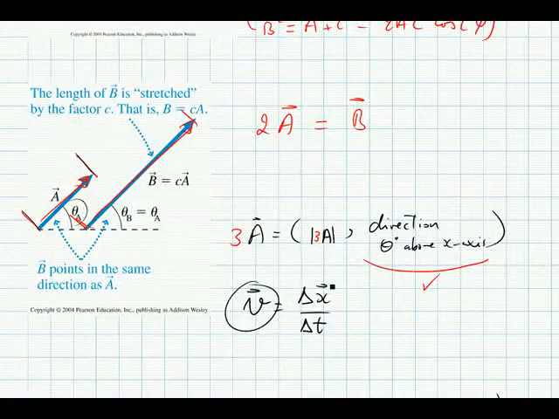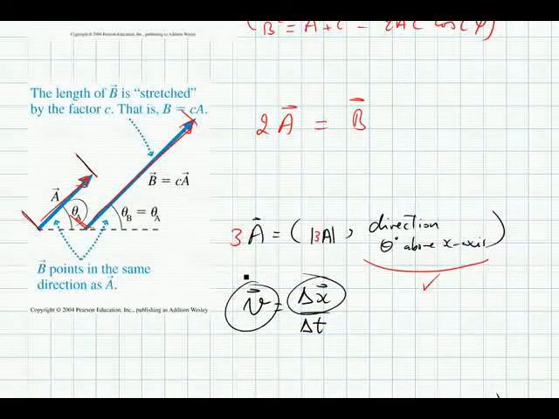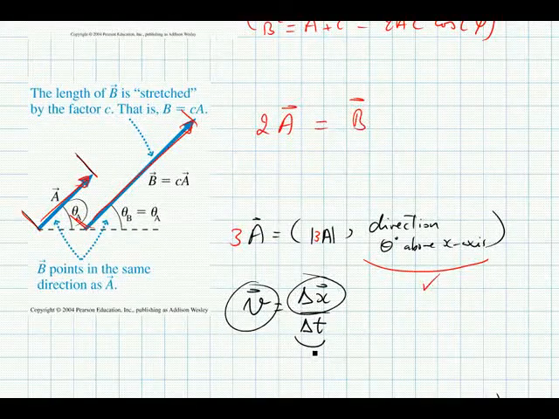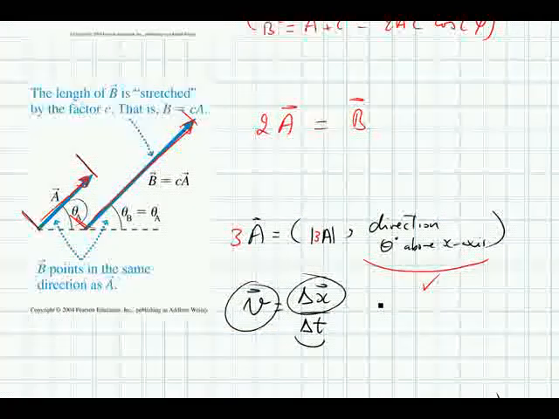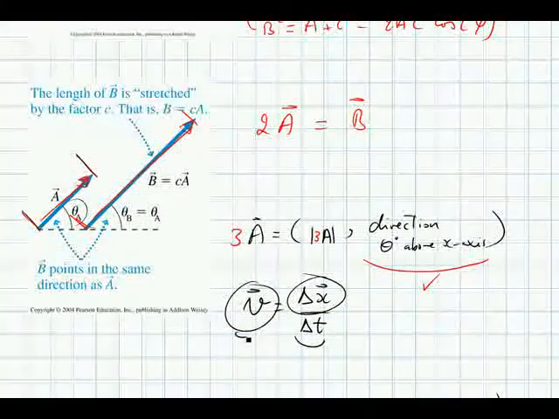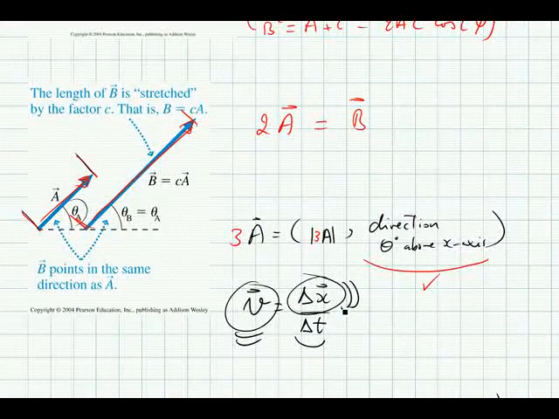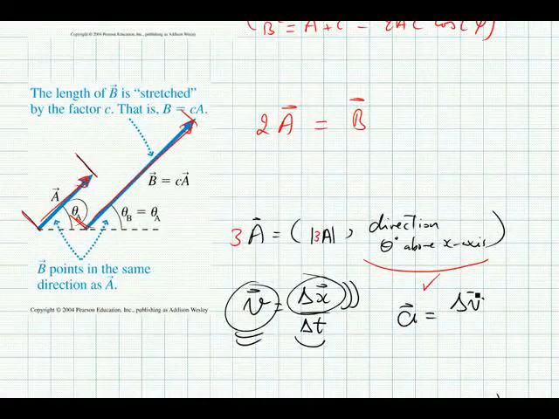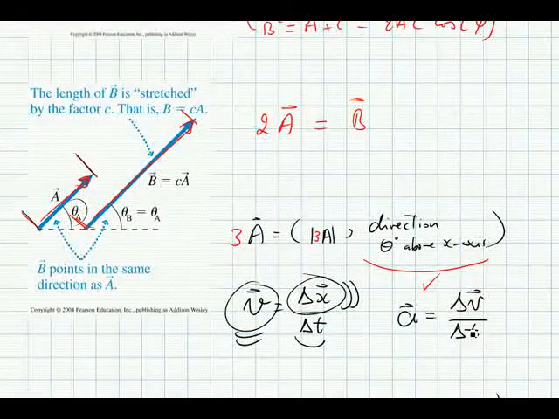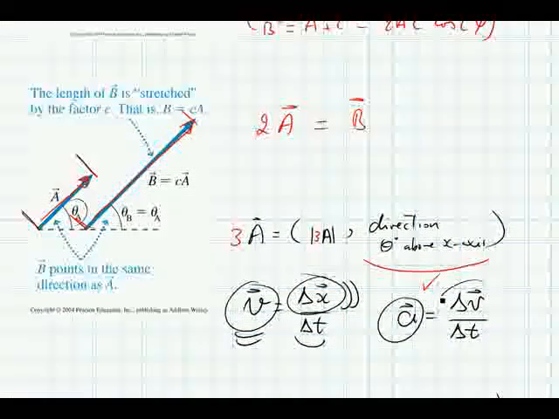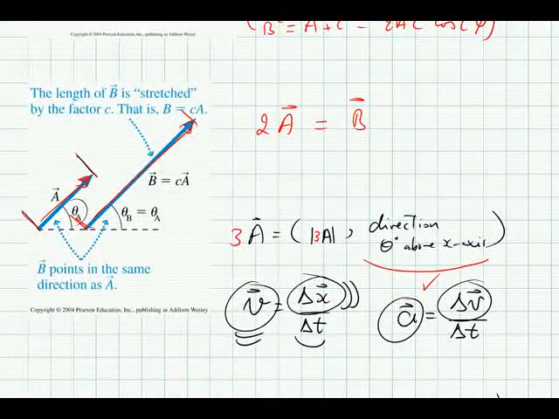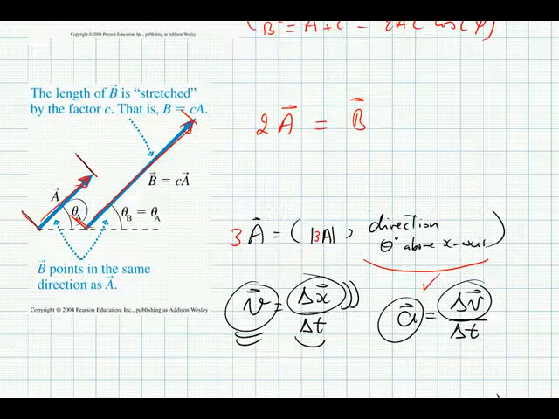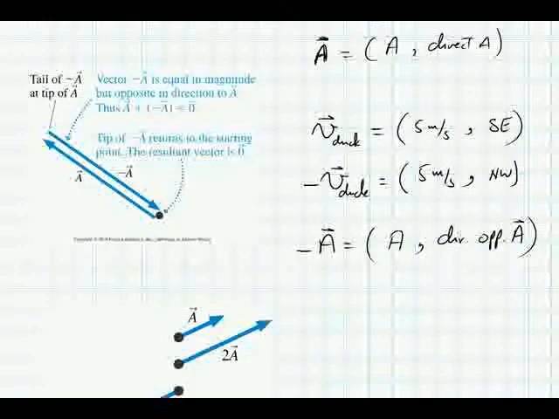Velocity is a vector, change in position or displacement is a vector, whereas time is a scalar. This means that the direction of the velocity vector is the same as that of displacement. Similarly, acceleration is change in velocity divided by change in time, which means that acceleration and change in velocity have the same direction, because in both cases we divide the respective vectors by scalar time.